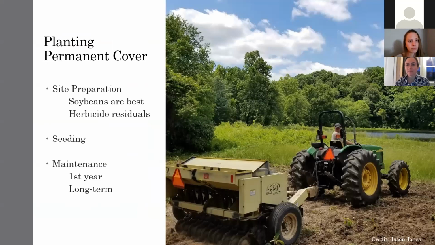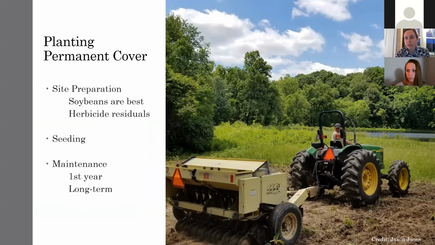Okay, so as Sarah said, the way to really take advantage of planting or to make money on these acres that you're deciding to not farm potentially is to enroll them in programs. It's the most common way.